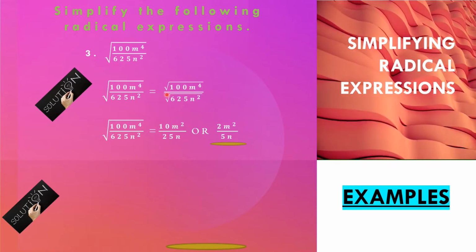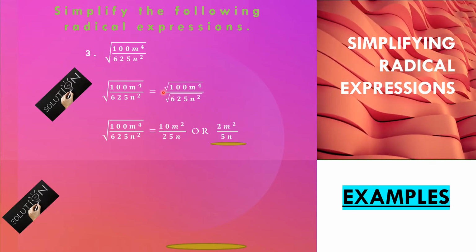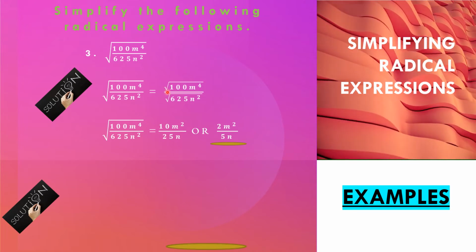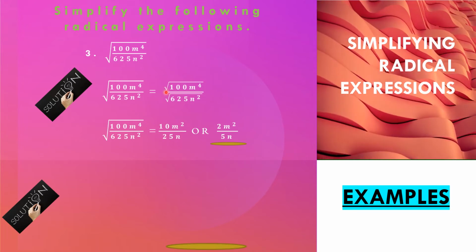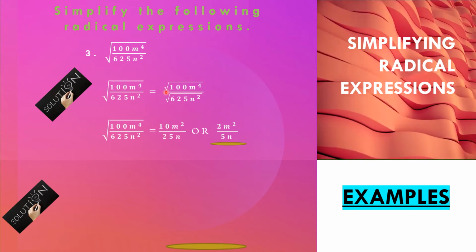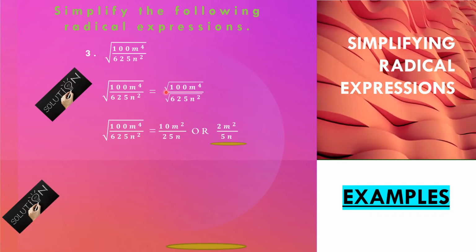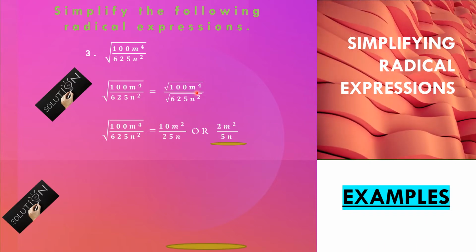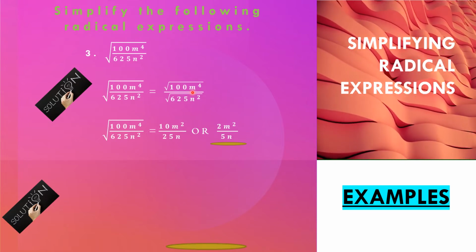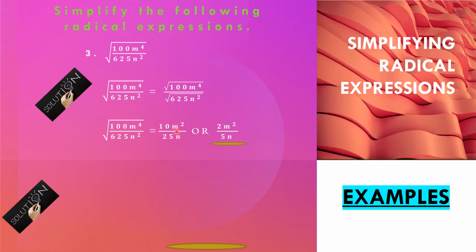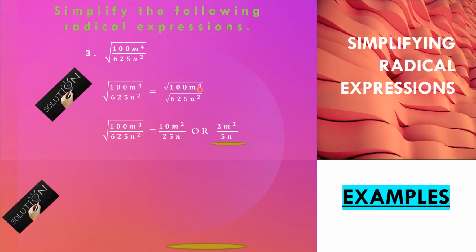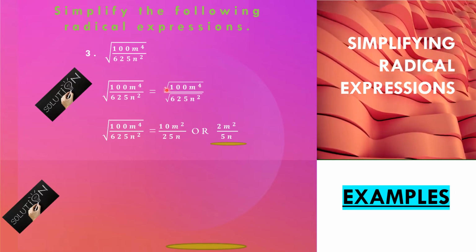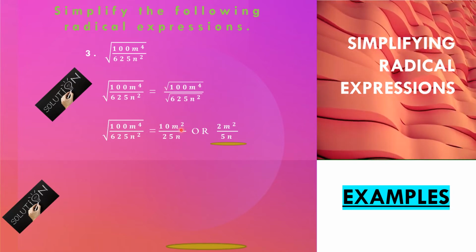Since square root yan, wala kayong nakikitang number na nakalagay dyan na maliit. Pero understood po, automatic po yan na ang index po ni square root ay 2. So, kung ang index natin dito ay 2, meron tayong 4 doon, you copy the variable m. And then, divide nyo yung power, 4, divide by 2. Kaya meron tayong m squared dito.